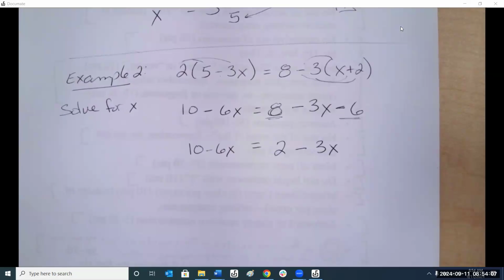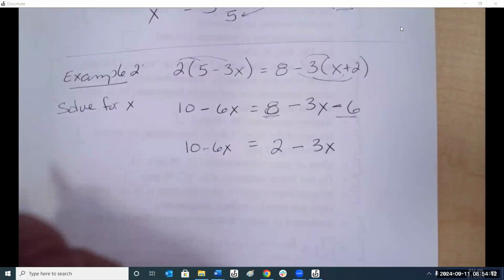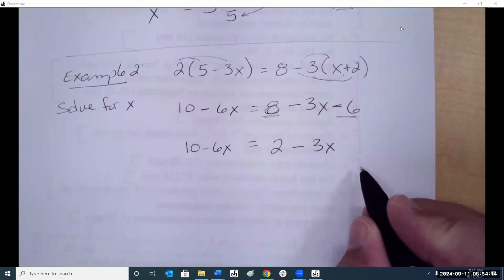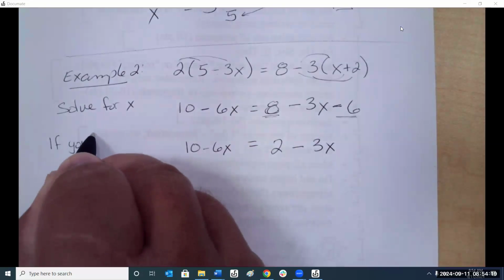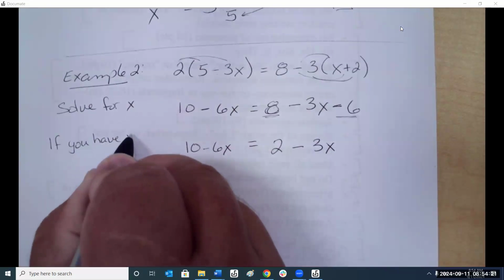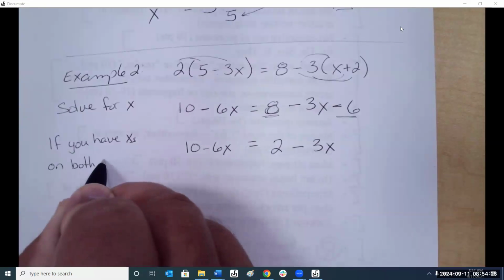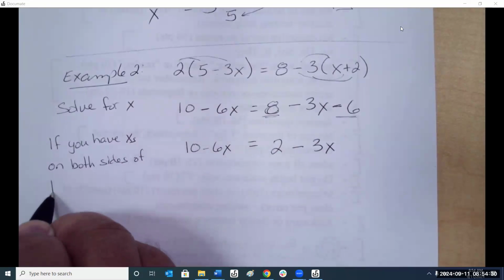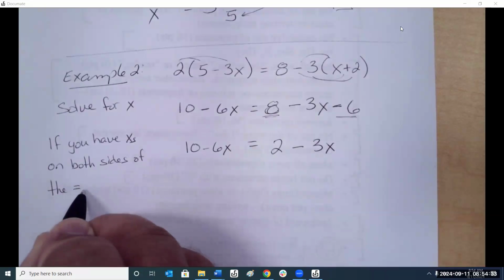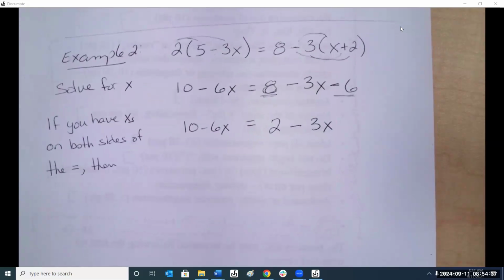Okay, here we have one of our first hurdles. We're solving for x. If you have x's on both sides of the equal sign, then what do you do? You have to move one of them to the other side.